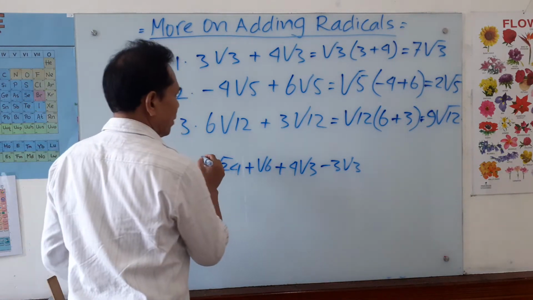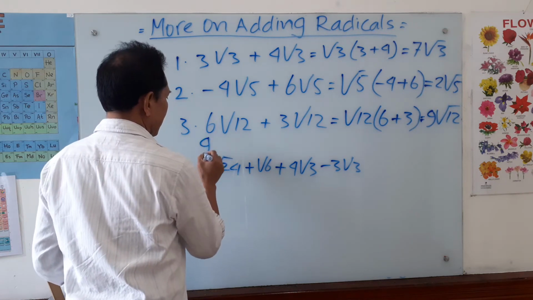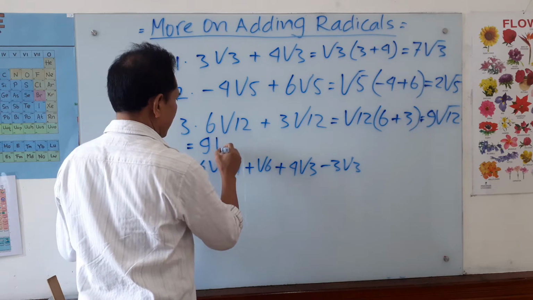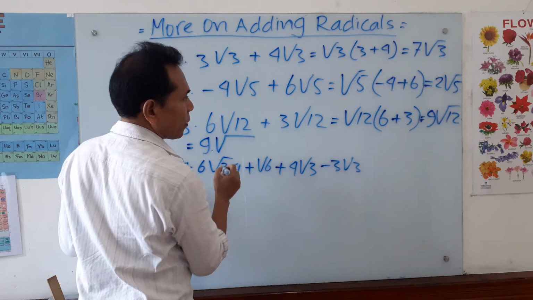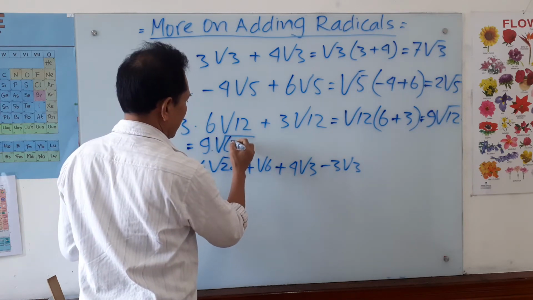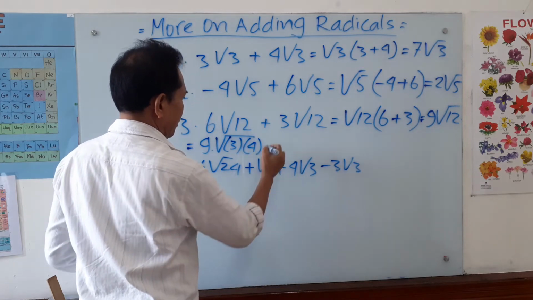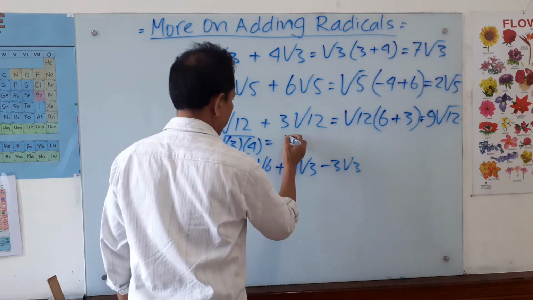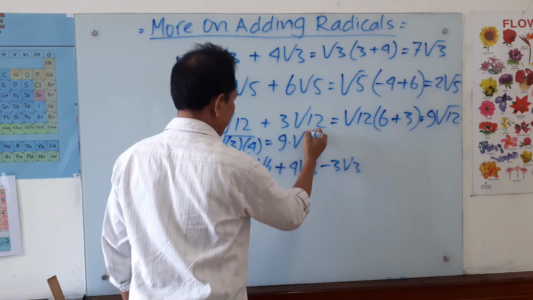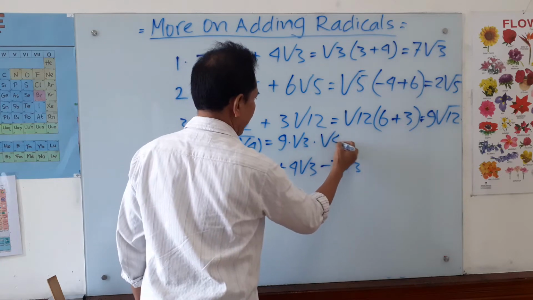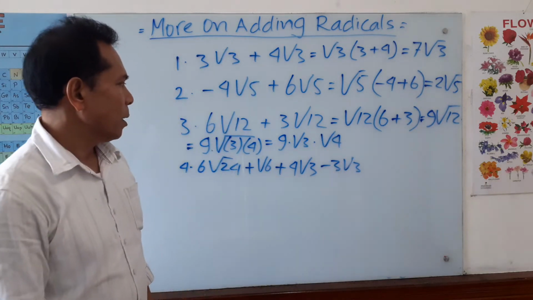So we bring here 9, we put equal sign here, square root of 3 times 4 equals 9 times square root 3 times square root 4.